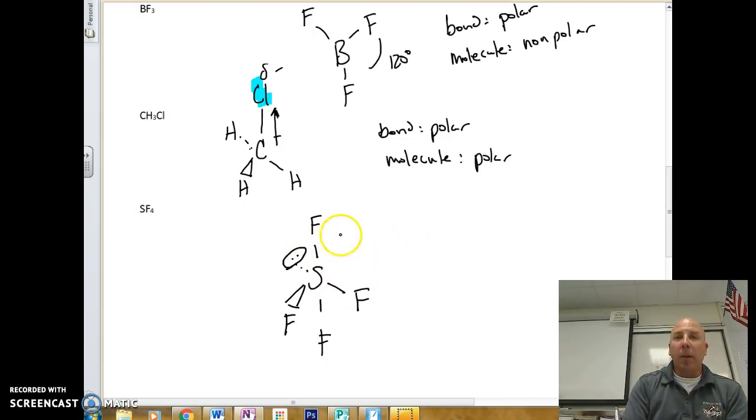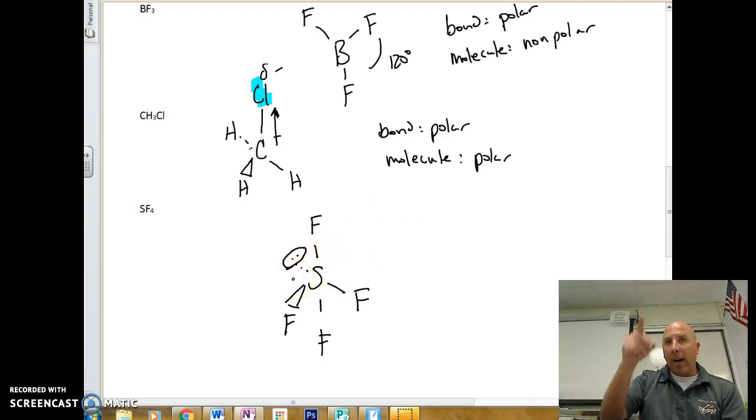And so what's going to happen here is let's just break this guy down. Let's say on our axial going up and down, we're going to have equal and opposite poles. That's fluorine going to pull up, fluorine going to pull down. So that's going to cancel itself out. Then on our equatorial, we have a fluorine here and a fluorine there. But we have an unshared pair of electrons, which gives it a non-symmetrical molecular shape.